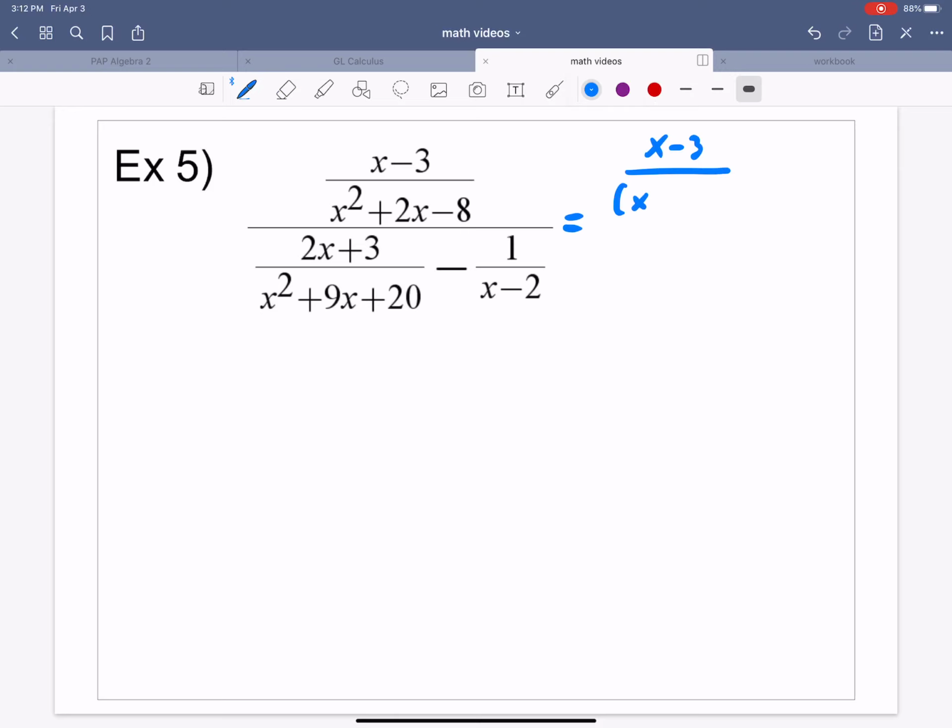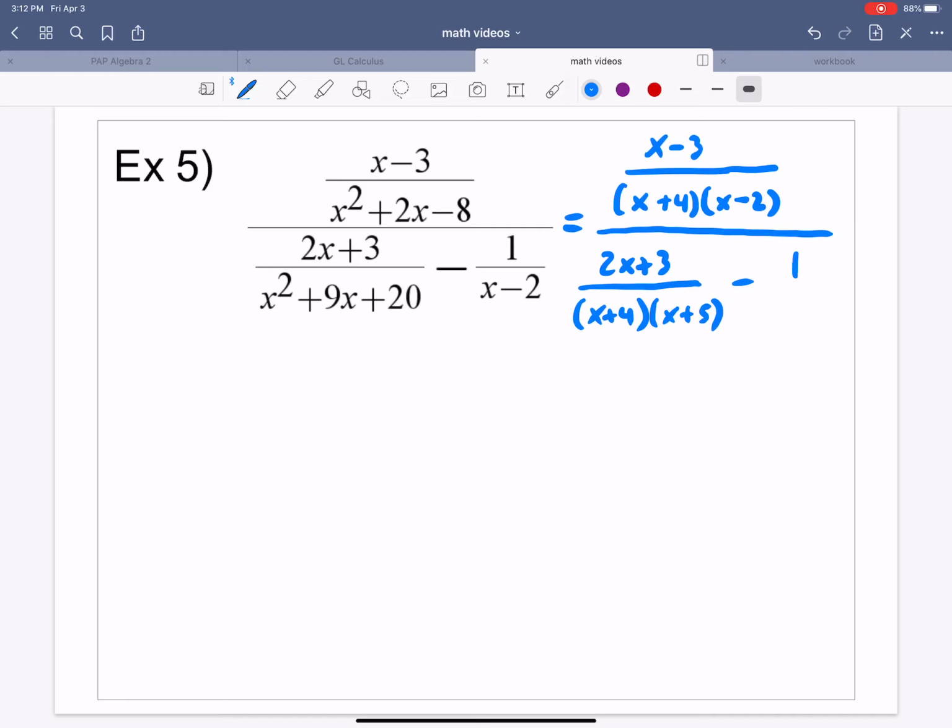So this is going to end up being x plus 4 times x minus 2 in my numerator. All over, I'm going to start by factoring this first trinomial down here, x squared plus 9x plus 20. That's going to end up being x plus 4 times x plus 5 minus 1 over x minus 2.